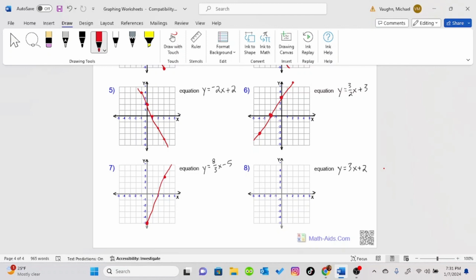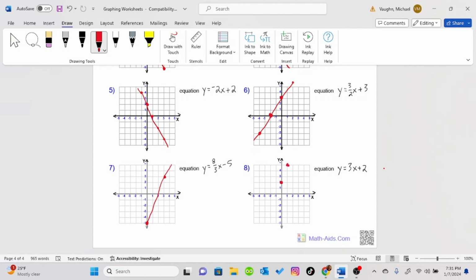And finally, number 8, we see that our y-intercept is +2. That means we place it at 0, positive 2 on the y-axis. From there, our slope is positive 3. That means go up 3 and right 1 and put a point up here.